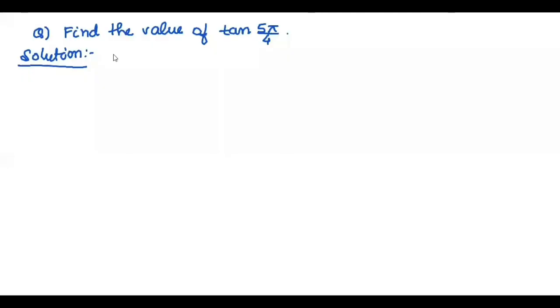One more question, find the value of tan 5 pi by 4. You can see here the question is a little bit different. Tan of 5 pi by 4, you have to find the value of this. It is in rational form. So in these types of questions, first of all, we have to divide numerator by denominator.